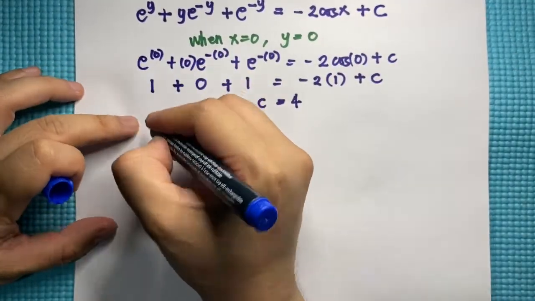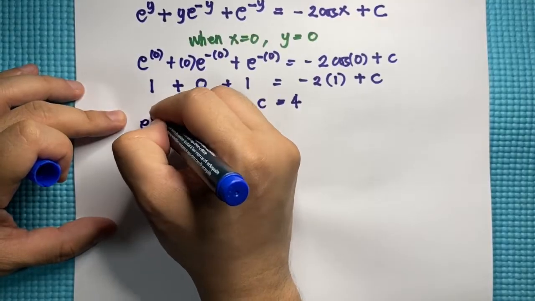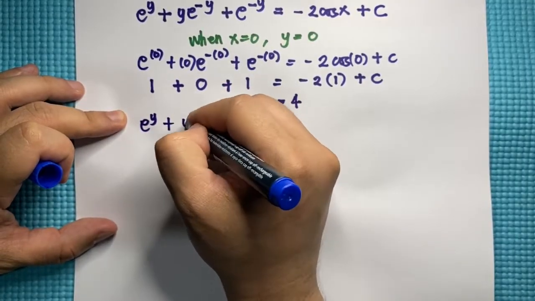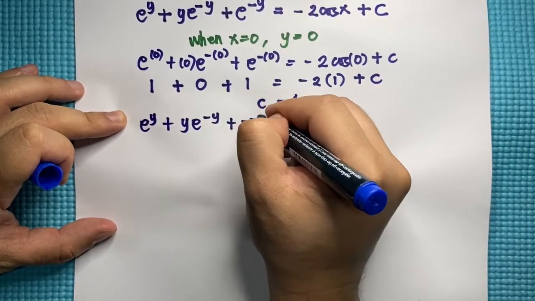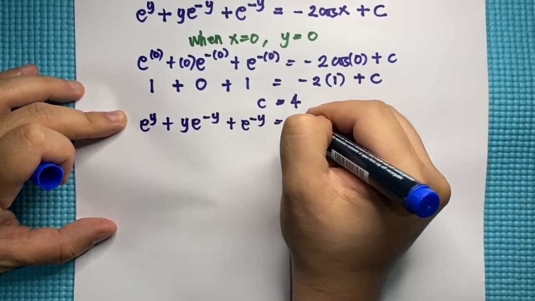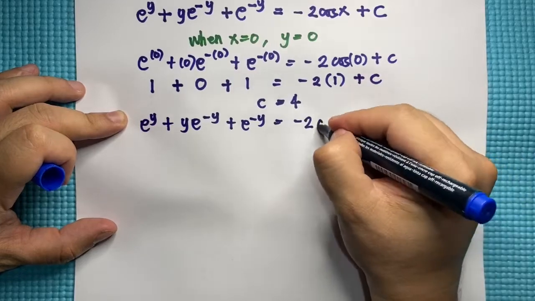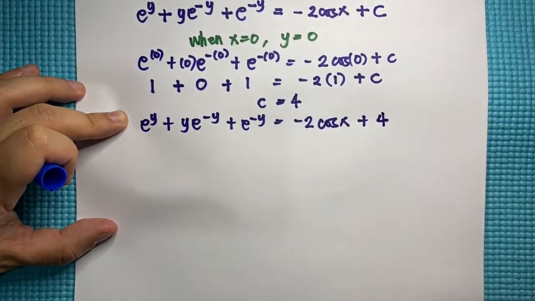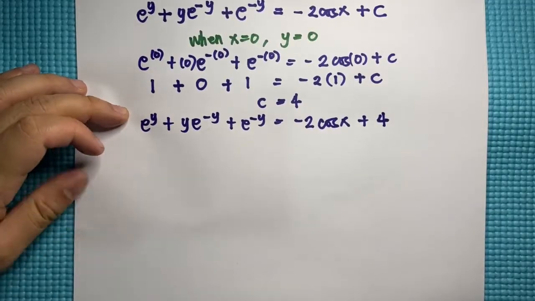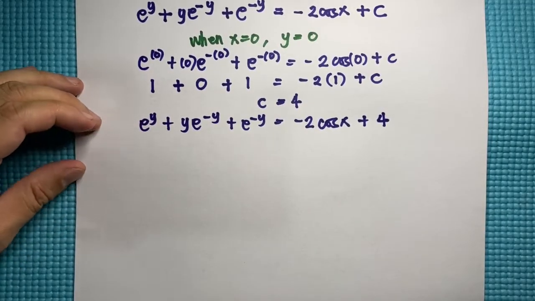So giving us the particular solution to be e raised to y plus y e raised to negative y plus e raised to negative y is equal to negative 2 cosine x plus 4. So that would be our particular solution.